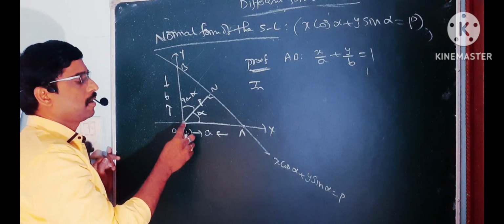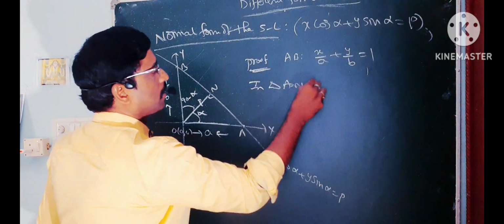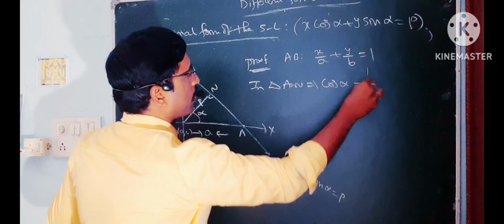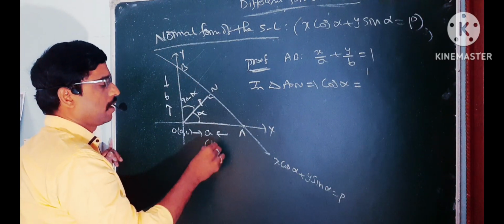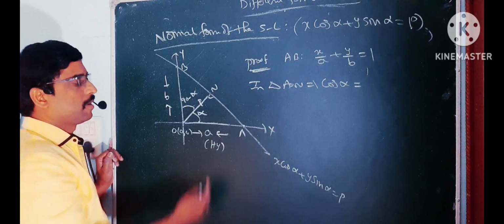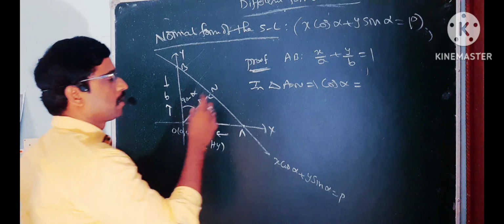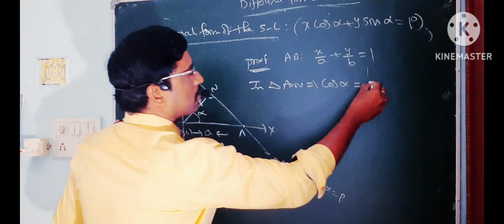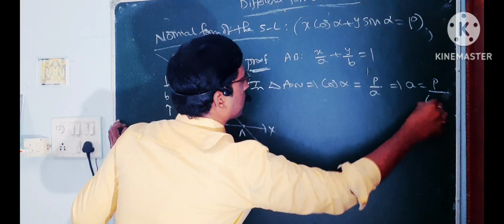In triangle AON, I am taking cos alpha: cos alpha is adjacent side by hypotenuse. This is the hypotenuse because it is opposite the right angle. P is the adjacent side of alpha, so cos alpha is equal to p by a. So a is equal to p by cos alpha.